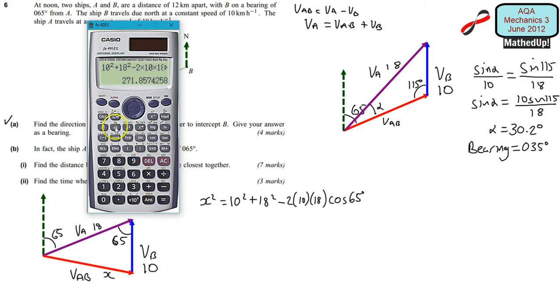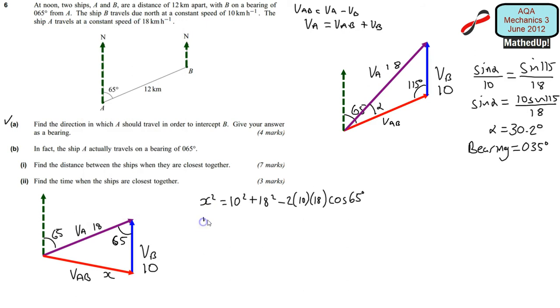If I put that into my calculator and square root it, that tells me that x is equal to 16.5 kilometers per hour.